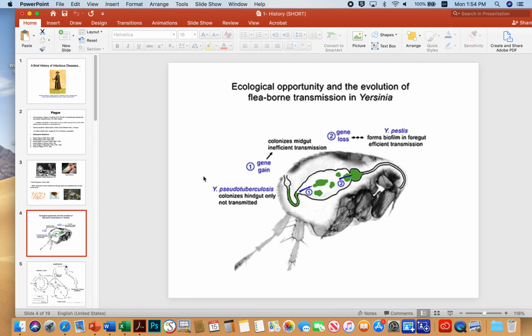So in this particular case, Yersinia pseudotuberculosis colonizes the hindgut of the flea. And after a period of time, through genetic rearrangements, gains some genes. And one of the genes that it gains is a phospholipase gene.